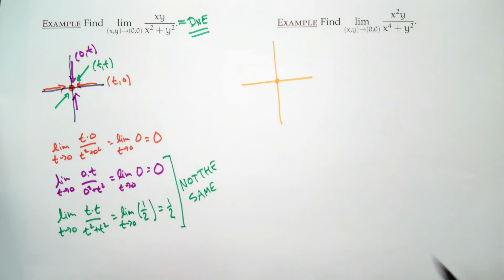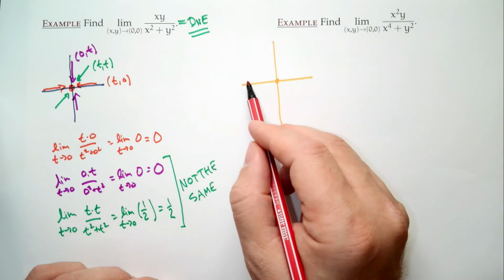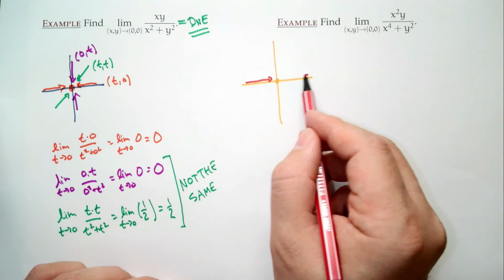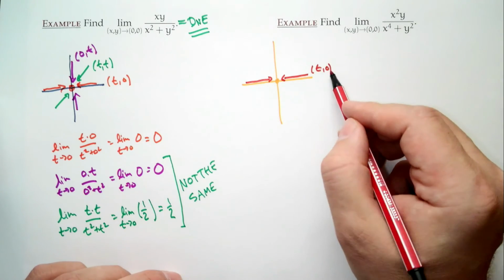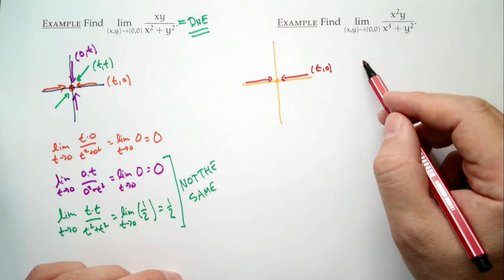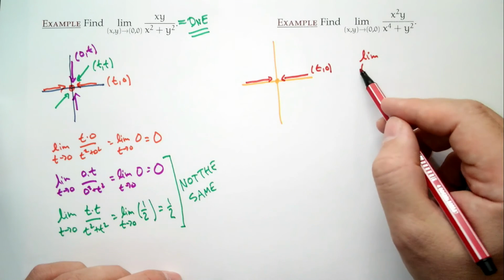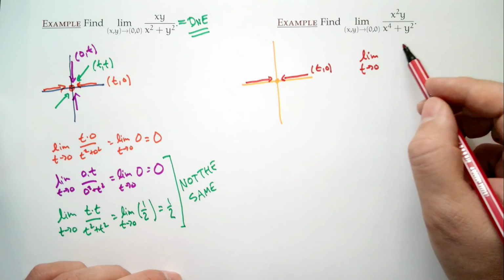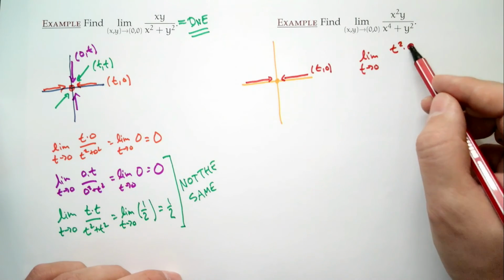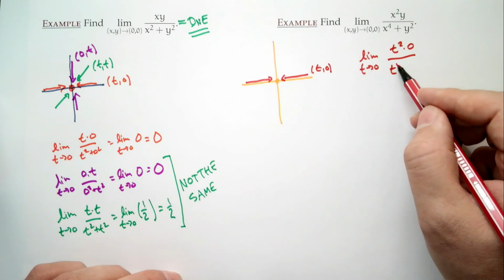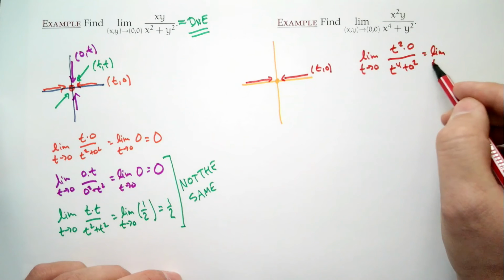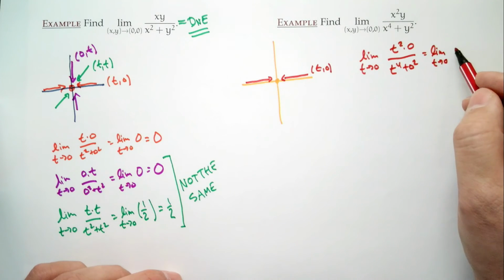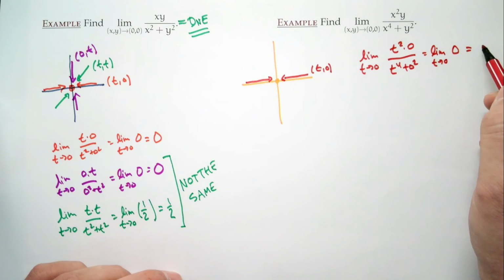So if you approach, let's say, from the x-axis, that looks like (t, 0). That would be the limit as t goes to 0, and then we'd get t squared times 0 over t to the fourth plus 0 squared. Well, what will this become? It becomes 0, and that gives us 0.